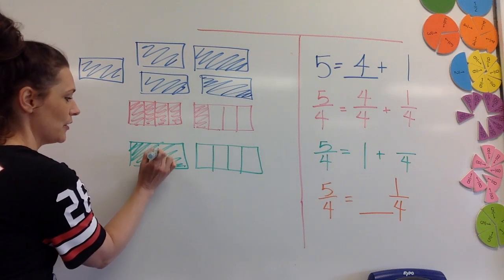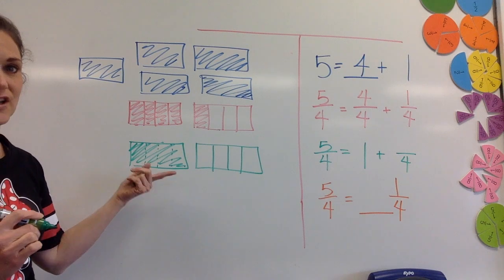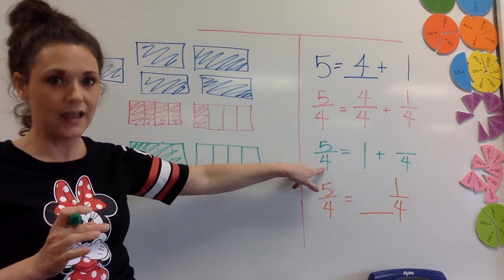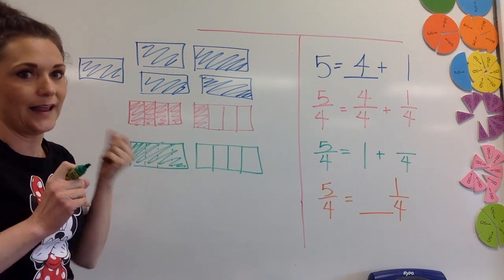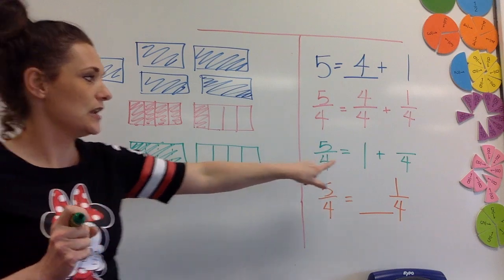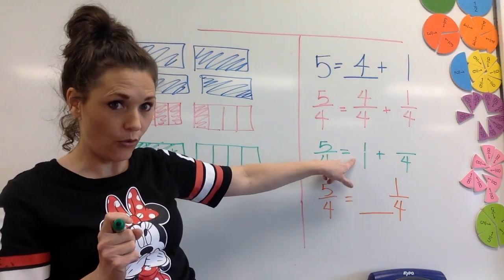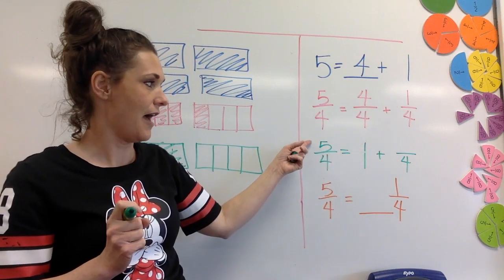So in my head, I'm going to think, all right, I've split this one into 4 pieces. I know that there's 4 there because we're working with fourths. And so I'm automatically going to think, okay, this 1 whole already has 4 pieces. How many more pieces do I need to add with my 1 whole to this fraction piece to make 5?